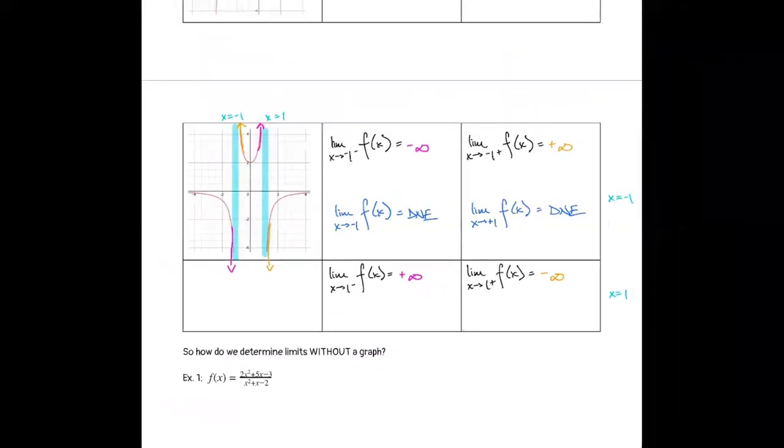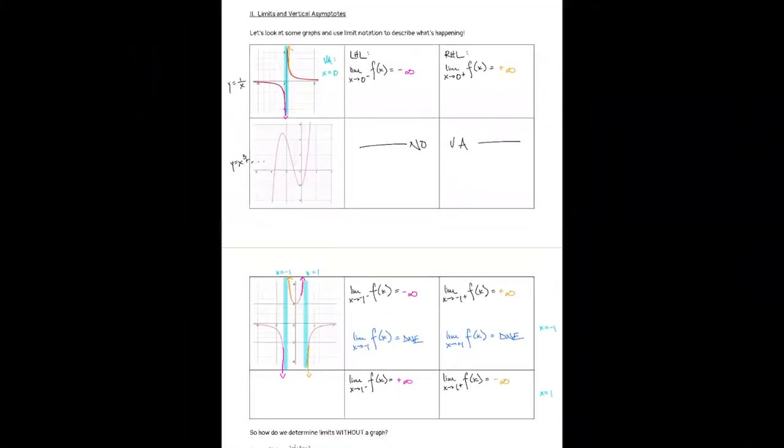All right, so let me zoom back in here for a moment. Are there any questions on finding limits from the picture? Like, how are we getting +infinity? How are we getting -infinity? Are we okay doing that from a picture? Okay.